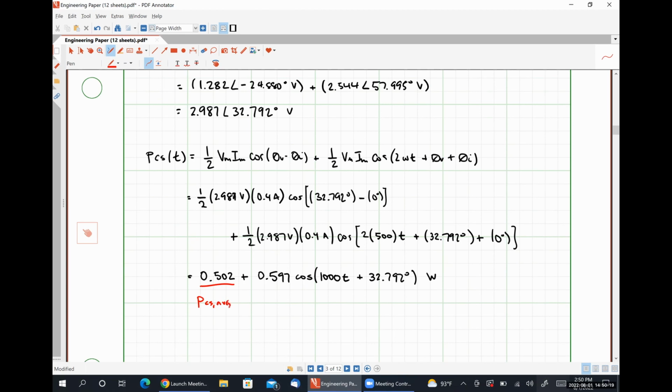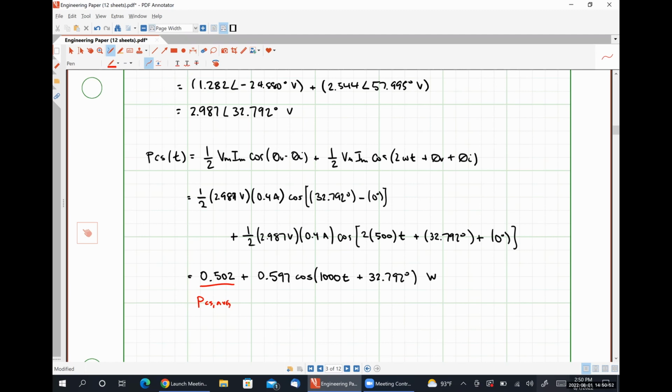average. I know that this example problem was probably pretty boring, as most of this stuff is, because it's just rote math at this point. I wanted to do this because I've seen students struggle to make the connection between analyzing in the frequency domain and using these equations in the time domain, in as much as I've seen them wind up with J's and angle operators and stuff like that in their instantaneous power equations, which should not be there.